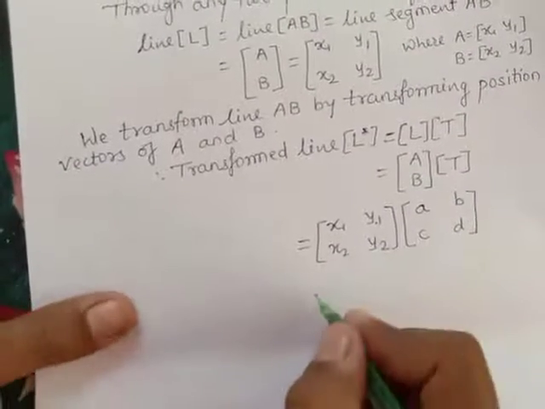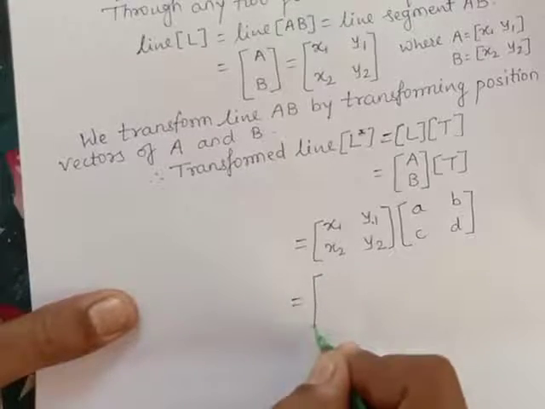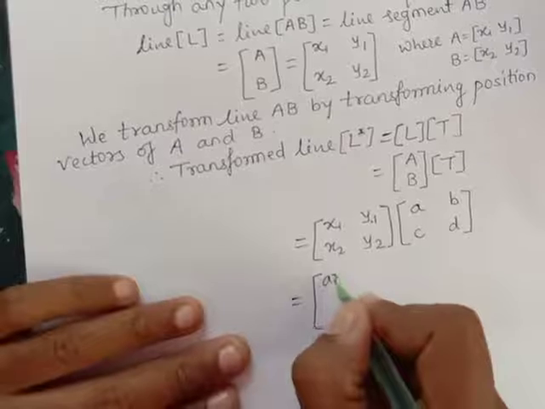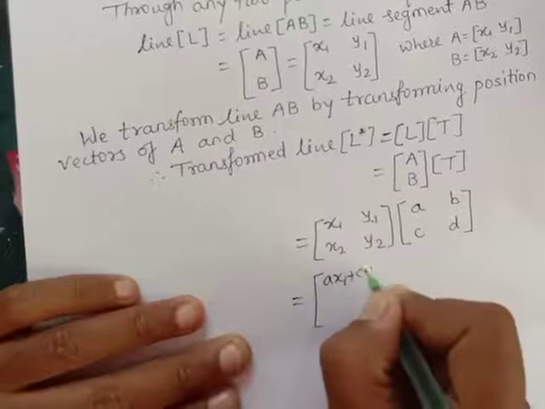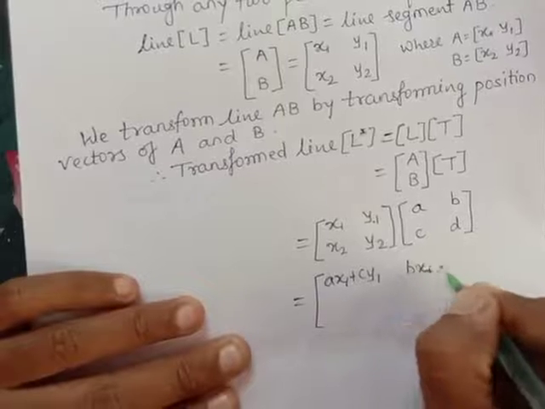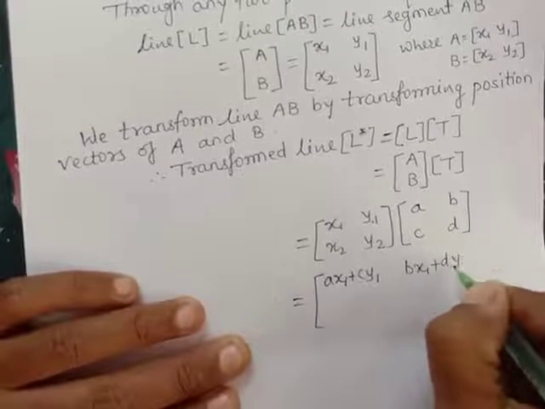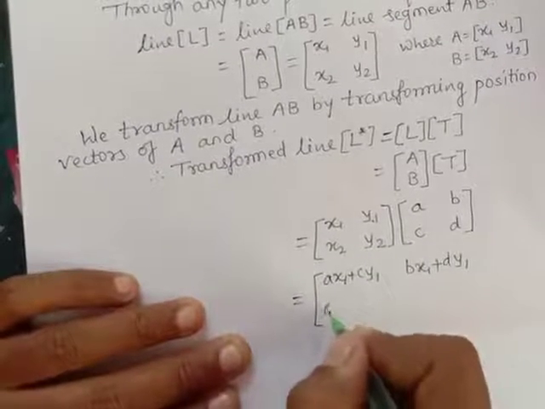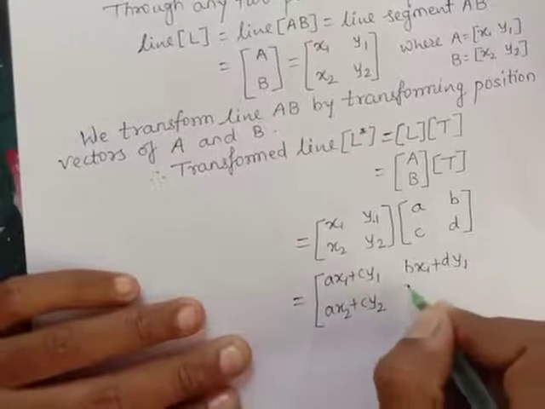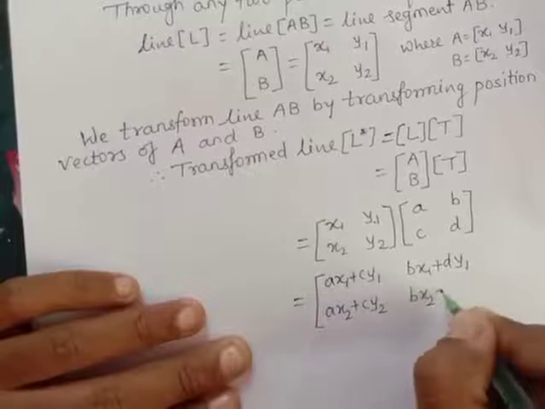So this product gives us a matrix: a x1 plus c y1, b x1 plus d y1, and a x2 plus c y2 and b x2 plus d y2.